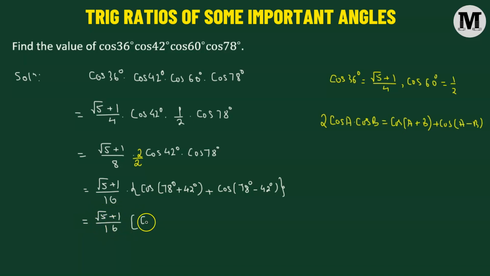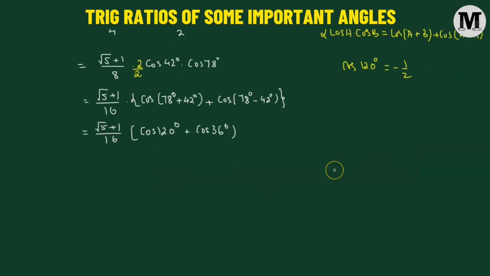Now we have cosine of 78 plus 42, so that corresponds to cosine of 120 degrees plus cosine of the angle 78 minus 42, which will be 36 degrees. Now we know the value of cosine of 120 degrees as well. So cosine of 120 degrees is negative 1/2. And cosine of 36, we have already defined the value. So let's substitute these values.